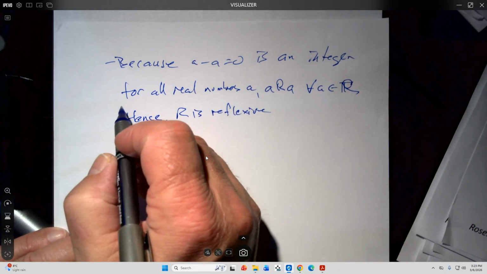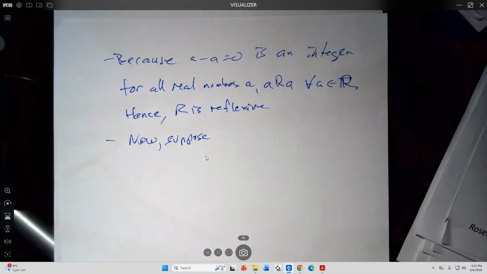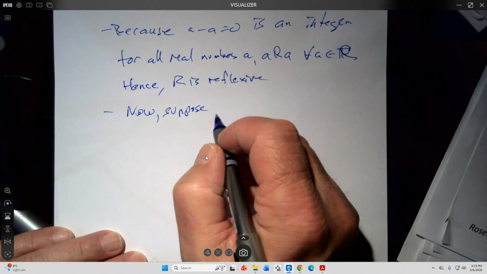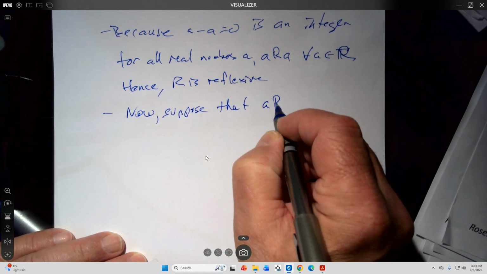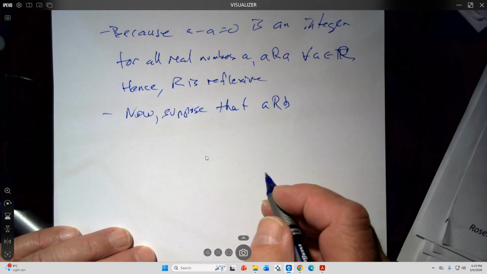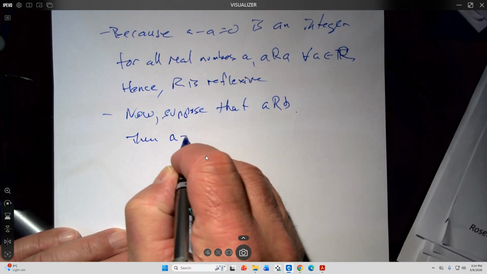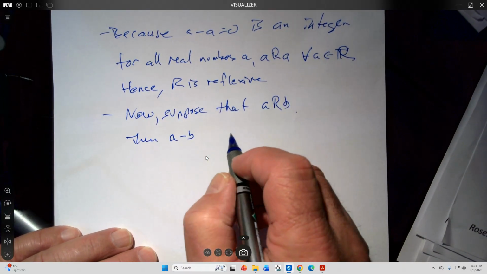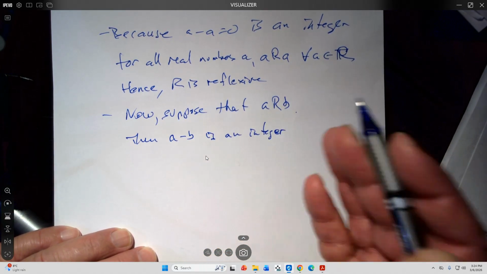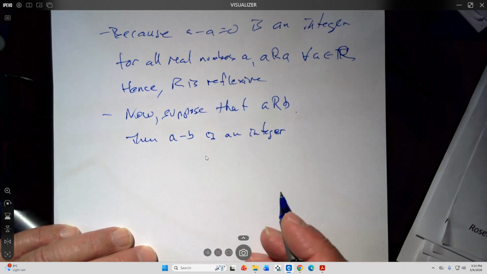Now suppose that A is related to B for some other real number B. Okay. Then A minus B is an integer, clearly, because subtraction is closed for integers.